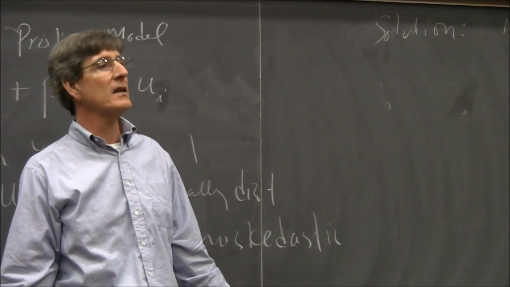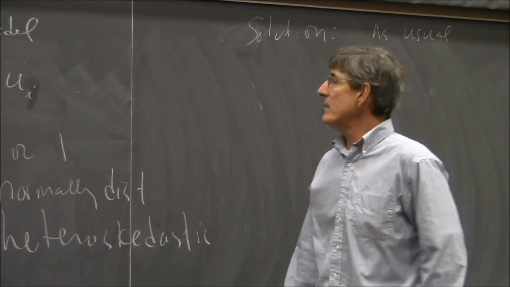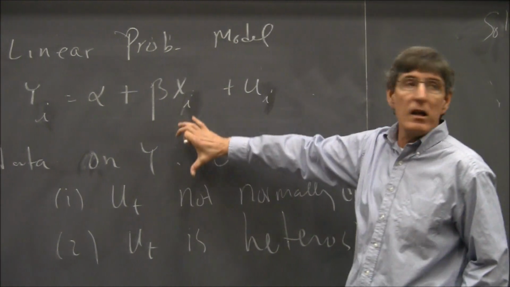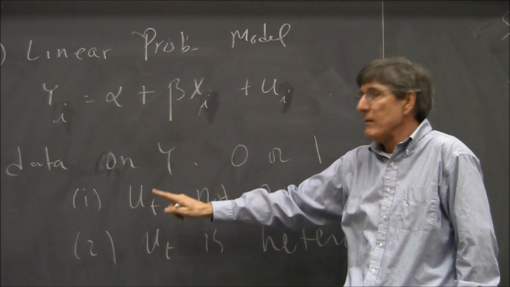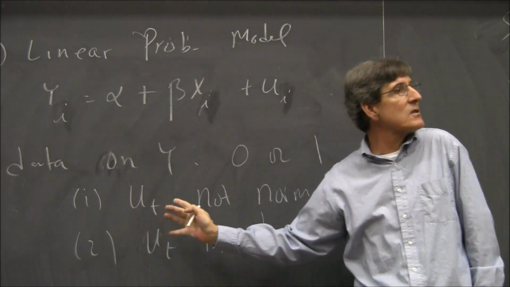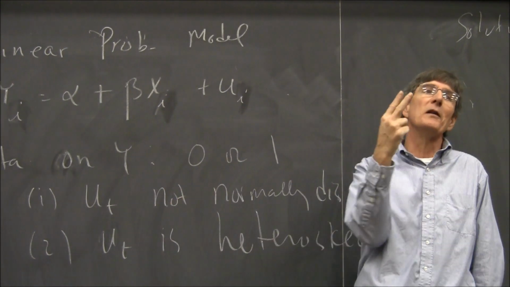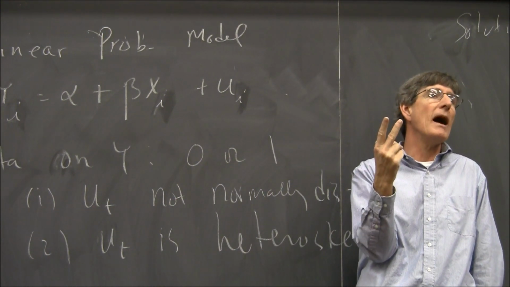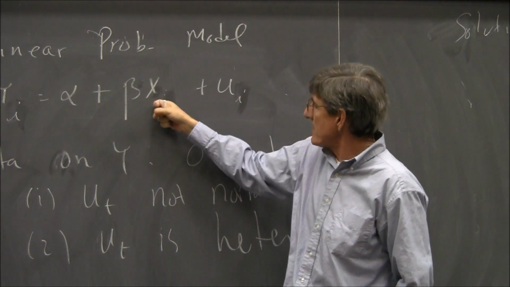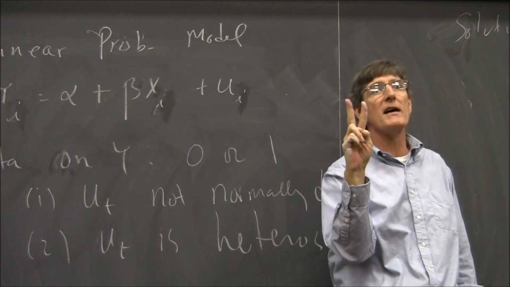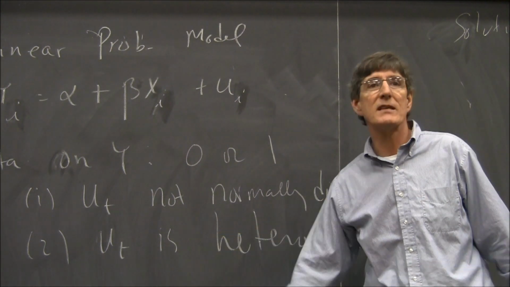So the correction is the same as always. There's nothing new in terms of correction. So what you need to be able to do is describe the model. What does this model look like? And show these 2 problems. And I did this last time, explicitly in class. Showed that u_t was not normally distributed because it can only take on 2 values. It's actually a binary random variable. For a given x, once x is fixed, we showed that u_t can only take on 2 possible values, so it can't be normal. And then we also showed that it was heteroscedastic.